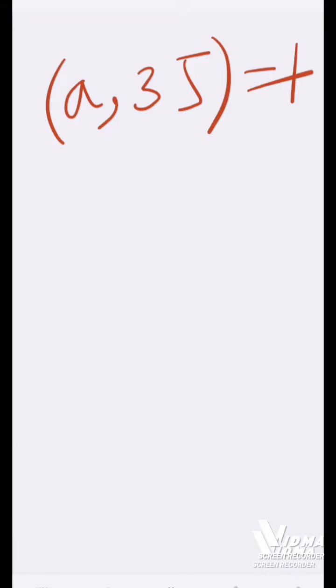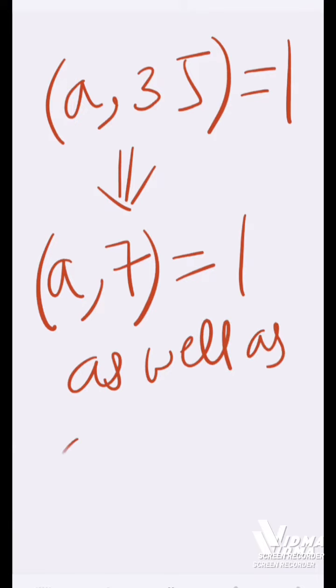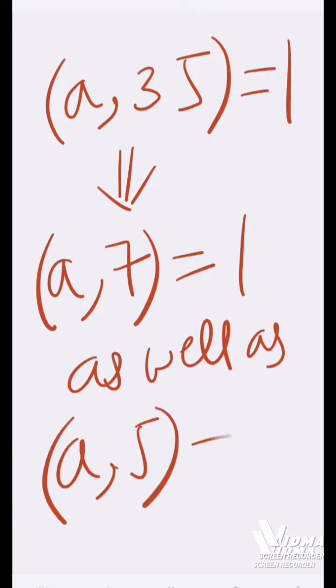Now, because in the question it is given that GCD of a comma 35 equals 1, that means there is nothing common in a and 35. Now, can I say that this implies GCD of a comma 7 equals 1 as well as GCD of a comma 5 equals 1?